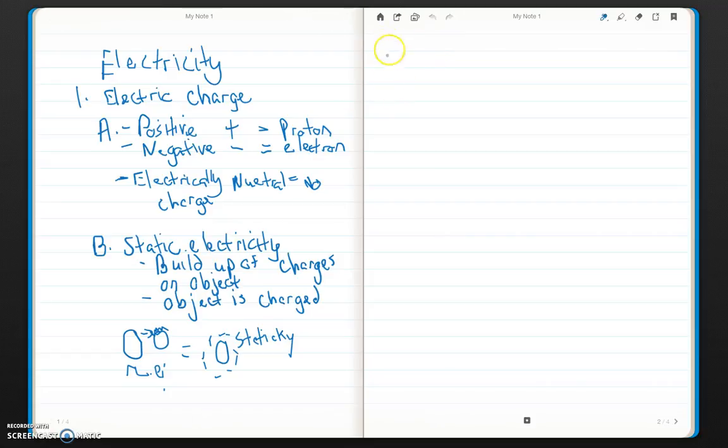Alright, moving on to the next page. Just like we said for ionic bonds, for atoms, another thing let's talk about is the forces of charges. How do charges make things move? How do charges affect one another?